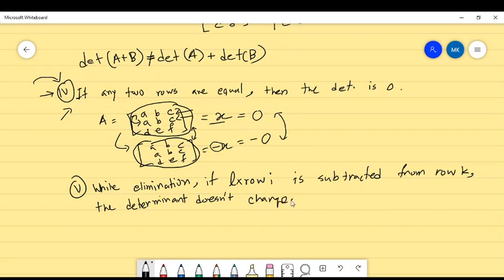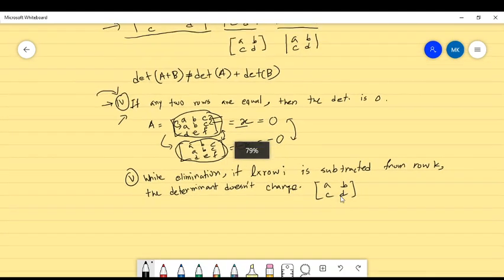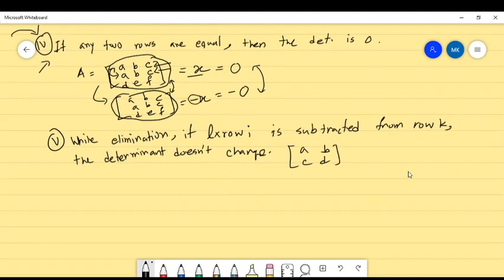So you can also prove this property. Let's say you have an initial matrix A, B, C, D. Now, at any point of elimination, let's say you have multiplied L with row 1 and subtracted that L into row 1 from the second row.